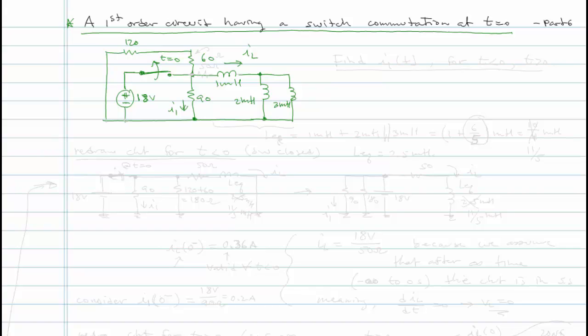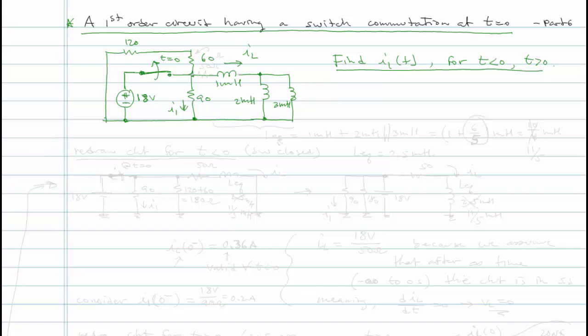The question is, find I1 of t for t less than 0 and for t greater than 0. That is our task. We're not told what the initial condition on the current is, but we are told that the switch is closed, and we can assume that the switch has been closed from time minus infinity, and it will open up at time 0.